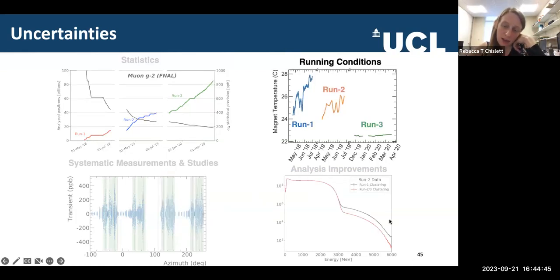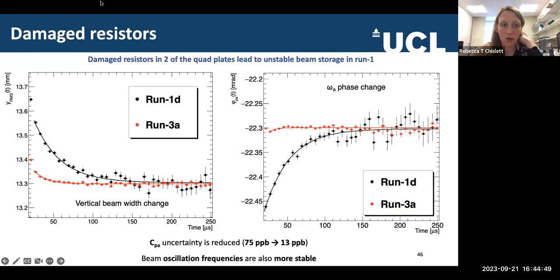Then there were improvements in the running conditions. First of all, in run 1, we had this complication due to some of the resistors for our quadrupoles. 2 of the quad plates had damaged resistors, and this meant that there was quite a big difference in the beam storage as a function of time.